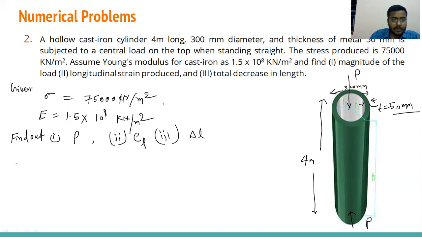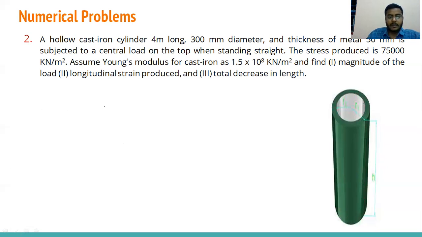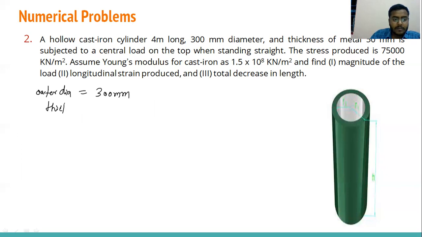So let's go for the calculation. The stress is given, and if we have the cross section area, we can calculate the force. See, outer diameter is given, that is 300 mm.